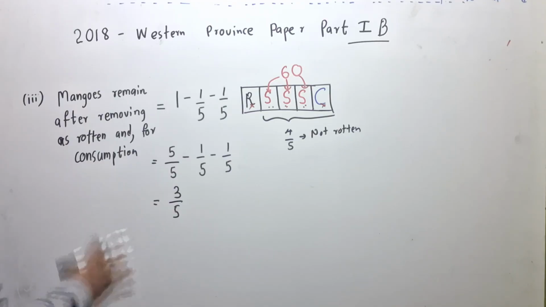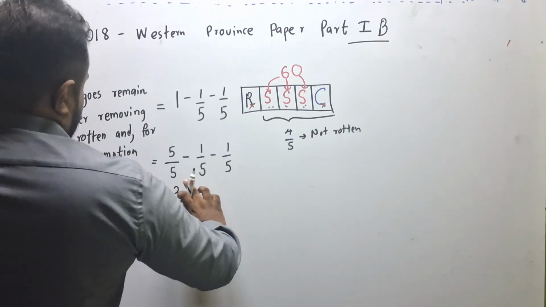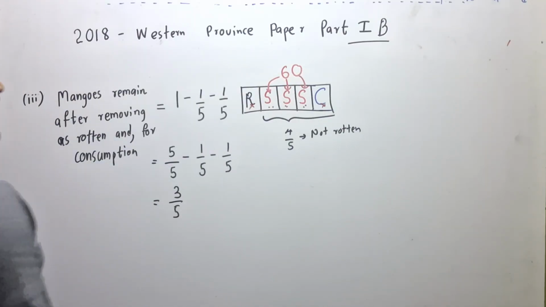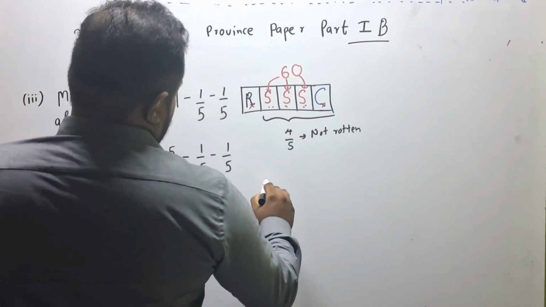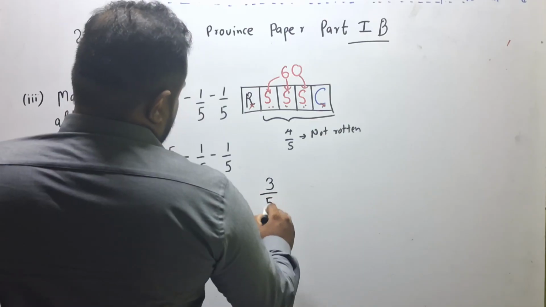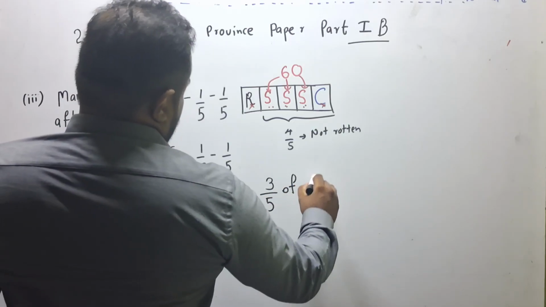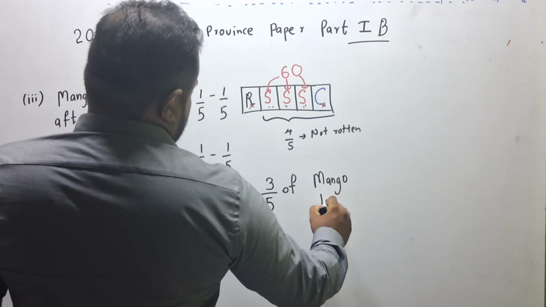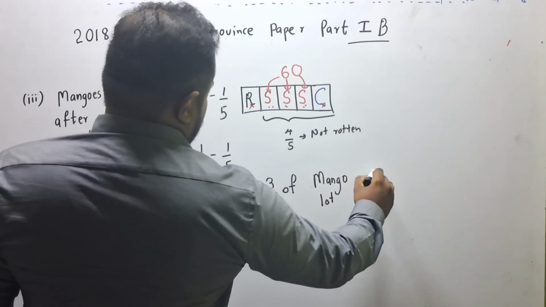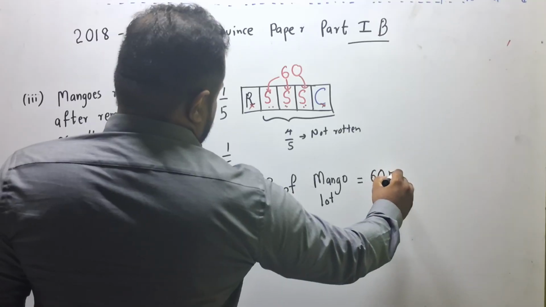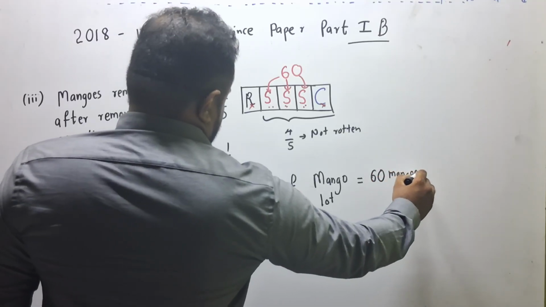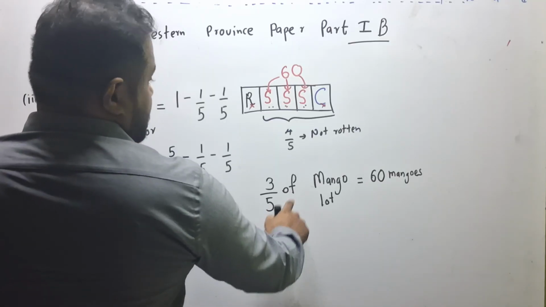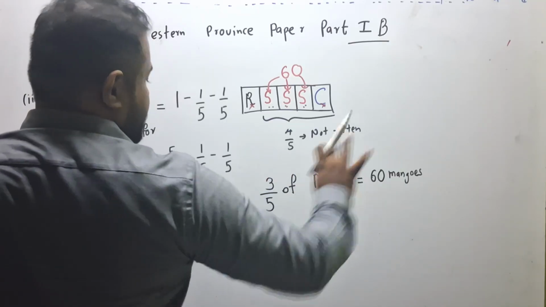Then they have told that the remaining mangoes are equal to 60 mangoes. Now what we do is, we write an OF operation. 3/5 of mango lot is equal to 60 mangoes. Then we put a multiplication symbol for this of operation and we solve it.